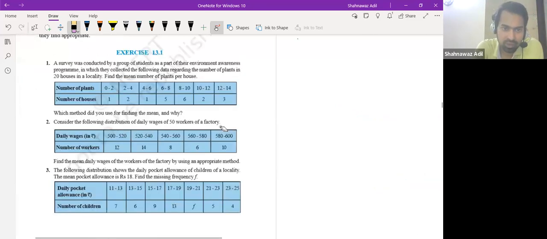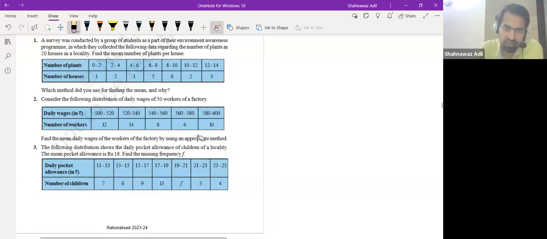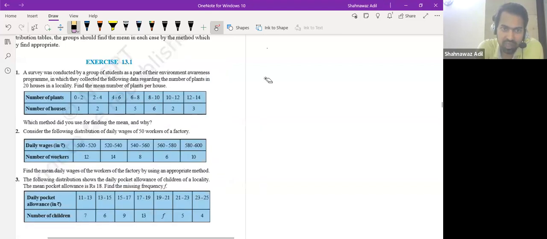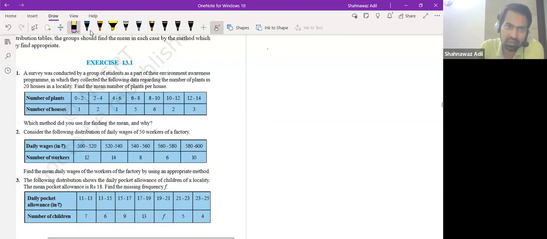Okay, so the next question, the total frequency is 50. So summation of Fi we already have. Daily wages, class interval is given, and please start doing this question.